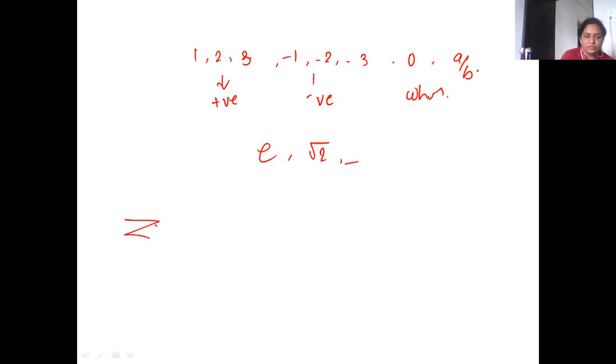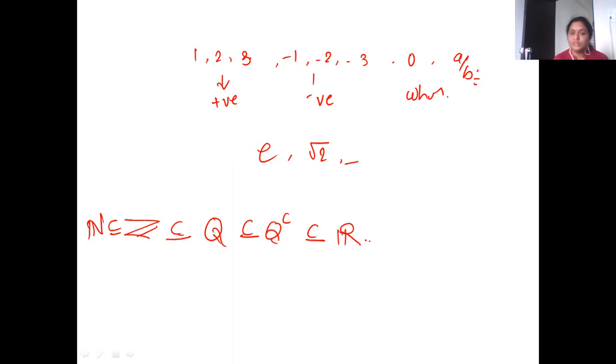So this is the set of naturals, natural means 1, 2, 3, 4. Then the set of integers, which can have negatives too. That is contained in the set of rationals. Then rationals are contained in the irrationals, and this whole thing is contained in the reals.